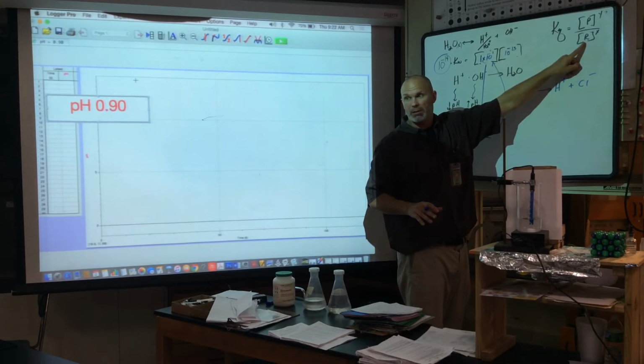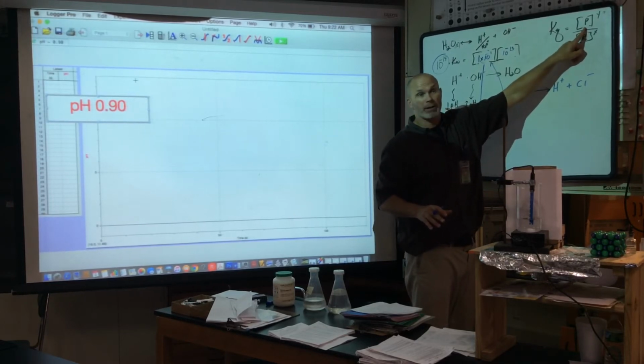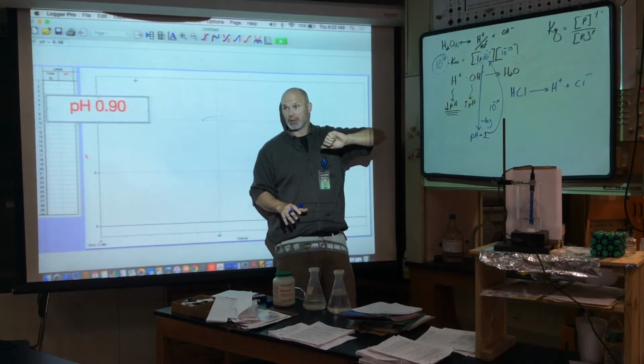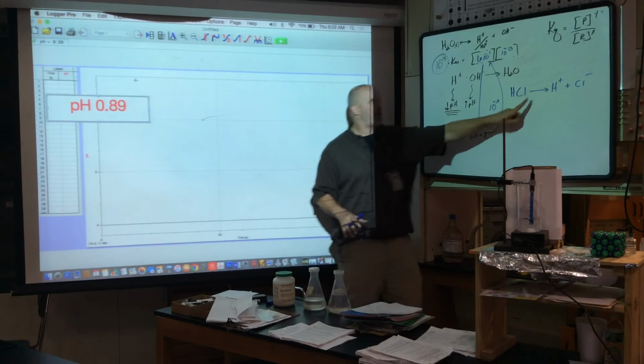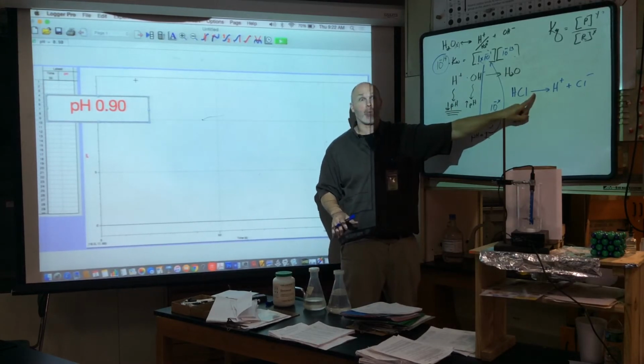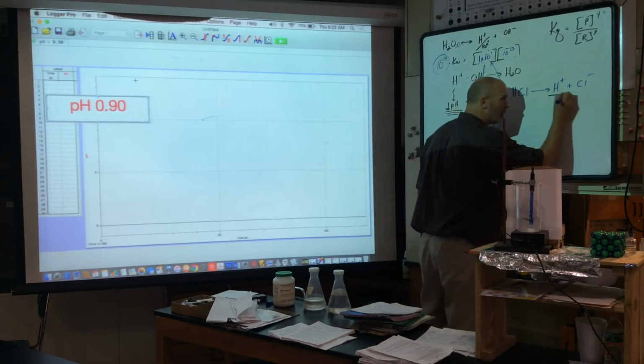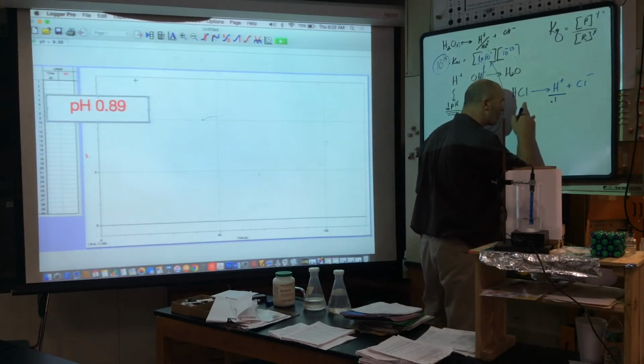You have a 0 underneath. There's probably 1 or 2 that don't. And you're going to have a lot of what? Products. So you're kind of going toward infinity. Does that make sense? It loves to go forward. In fact, we don't write a double arrow. We show this as a what? Completion reaction. So couldn't you say the molarity of this has to be the molarity of this?